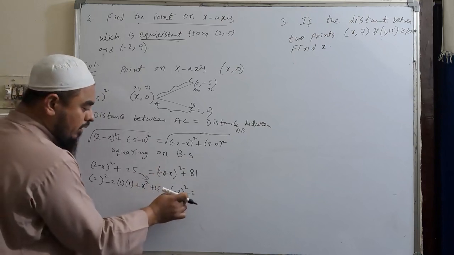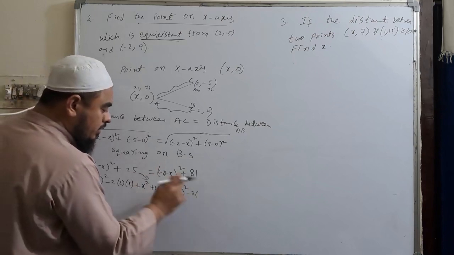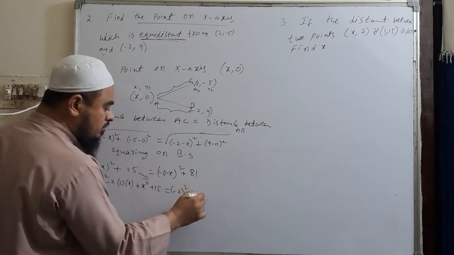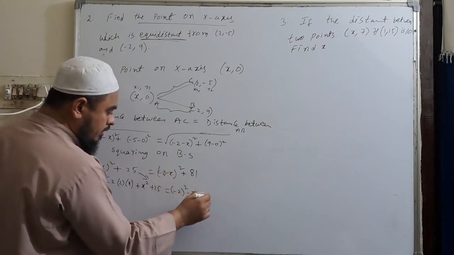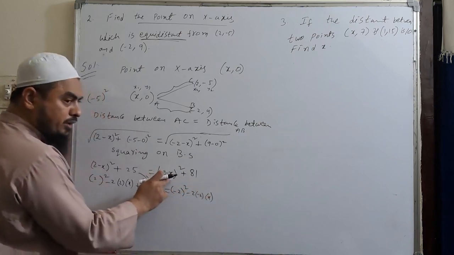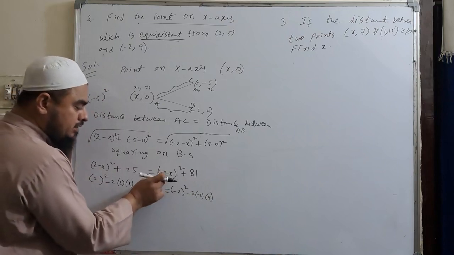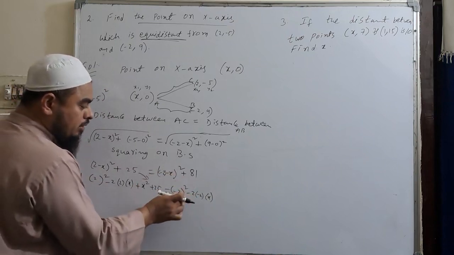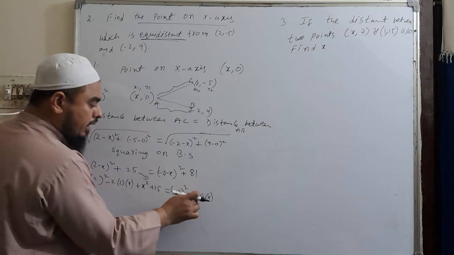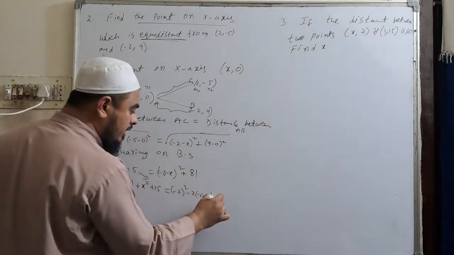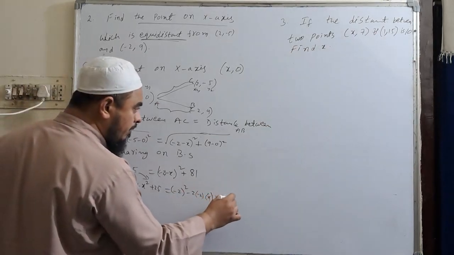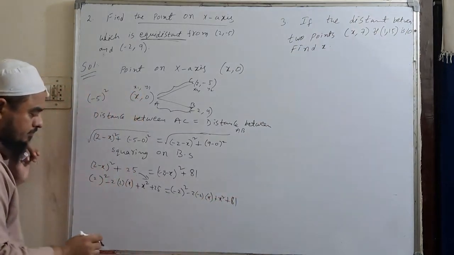So a square minus 2 into a, minus 2, and x. So here we are using the a minus b whole square formula. A is minus 2, b is x. A square minus 2ab plus b square, plus 81 we got.